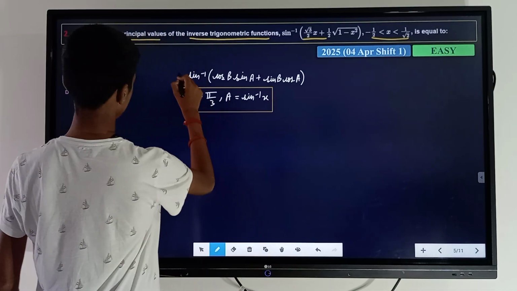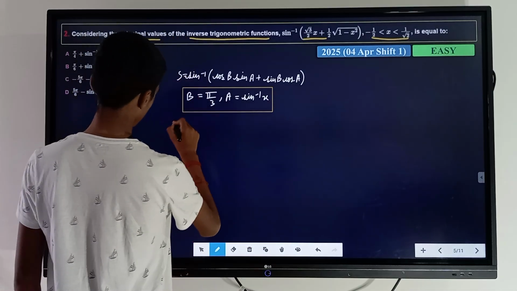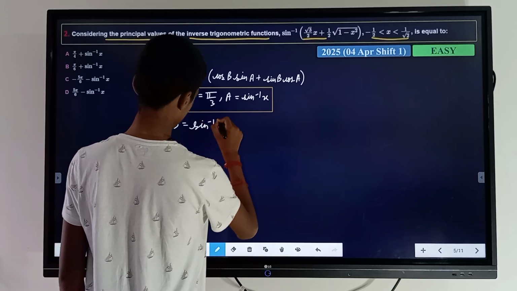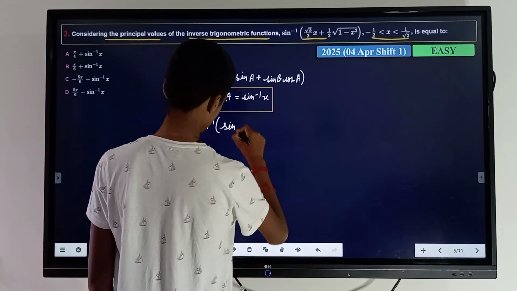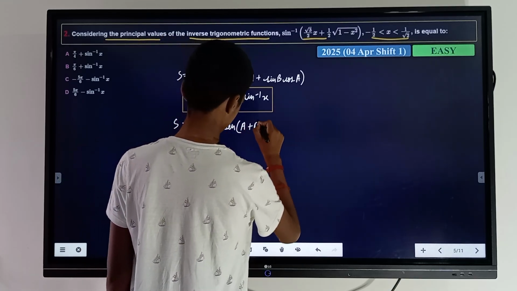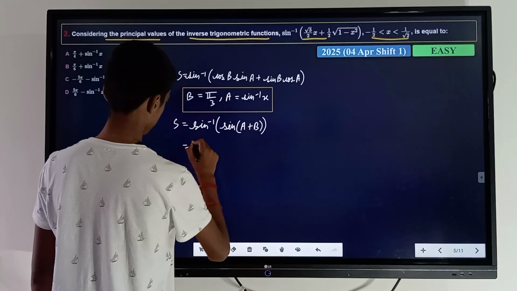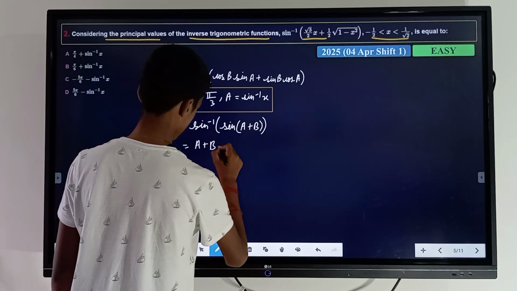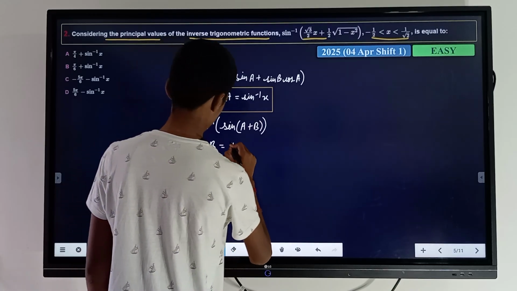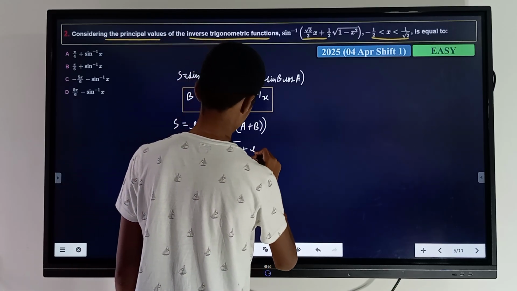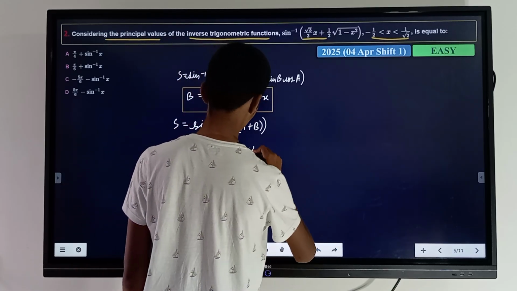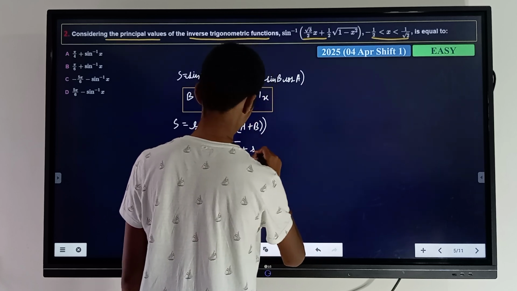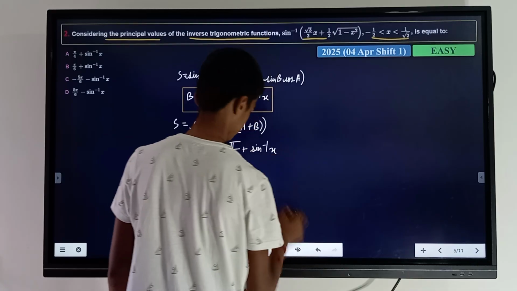So let's say this is equal to S. Our S is equal to sine inverse of sine of A plus B. This is equal to A plus B, and this is equal to pi by 3 plus sine inverse x.